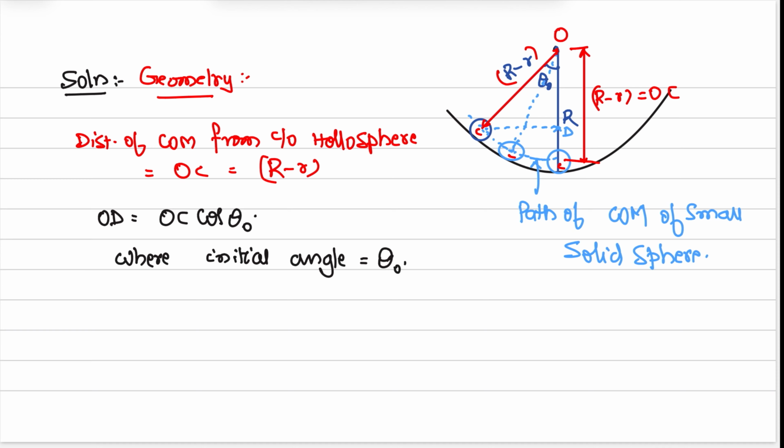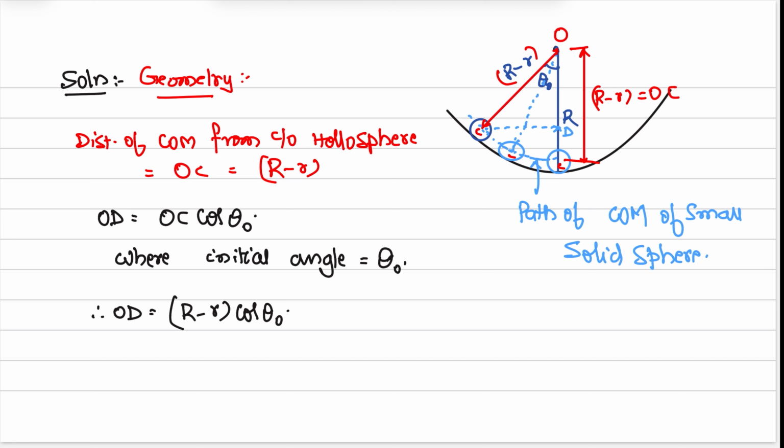What is OC? OC is nothing but R minus r. Therefore, OD is equal to (R minus r) into cos theta naught.